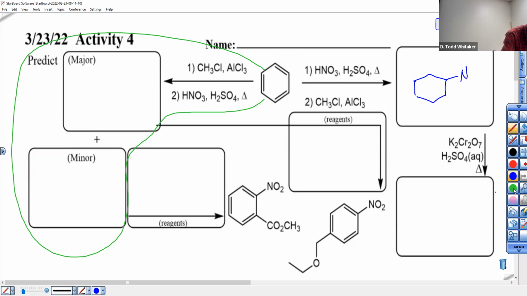I'll put the new group in green. And the one on the left, you're putting a methyl group on the benzene first.